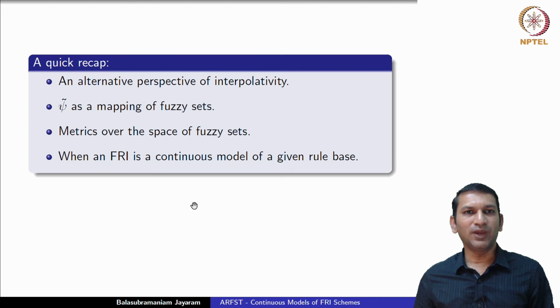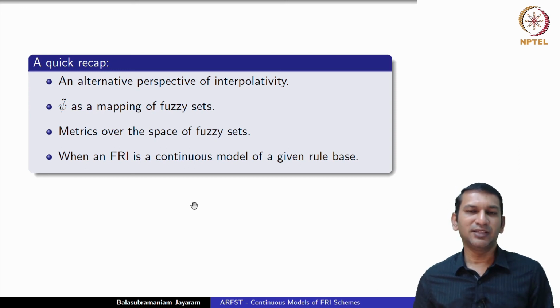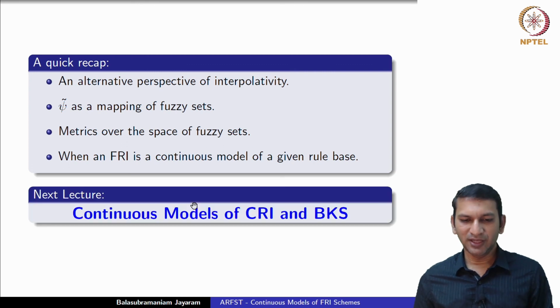We have seen when a fuzzy inference mechanism can be thought of as a continuous model of a given rule base, and essentially that means when the adjoint function of an FRI can be thought of as a continuous model of a given rule base. This is what we have seen in this lecture. In the next lecture, we'll look at how to obtain continuous models of adjoint functions corresponding to the compositional rule of inference and the Bandler-Kohout subproduct.